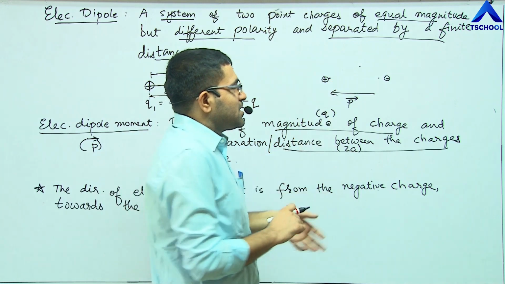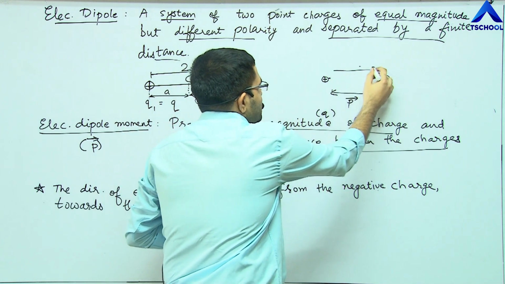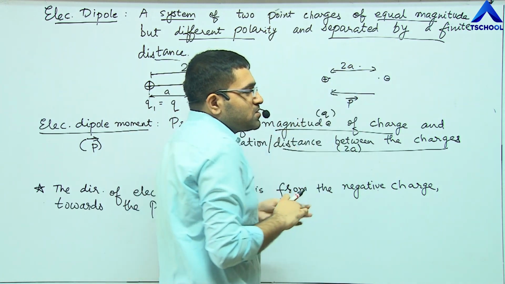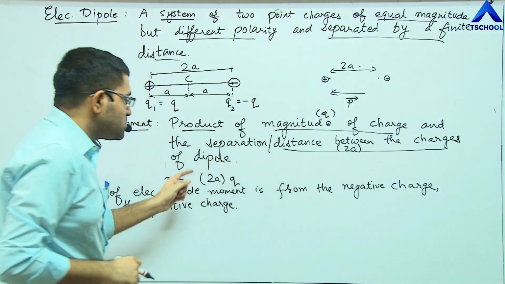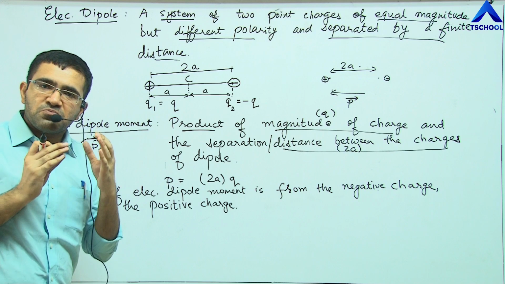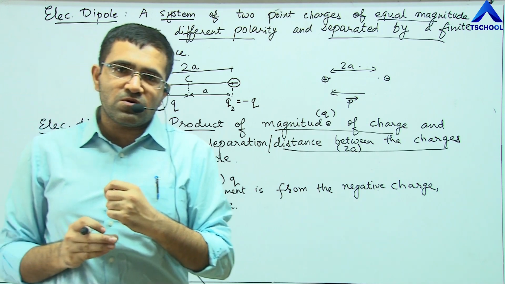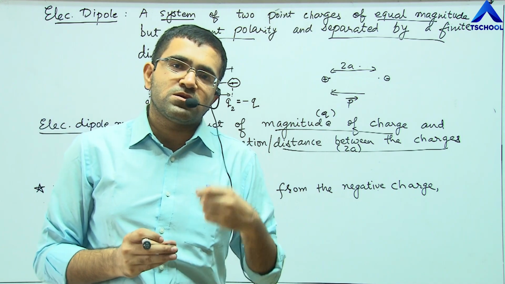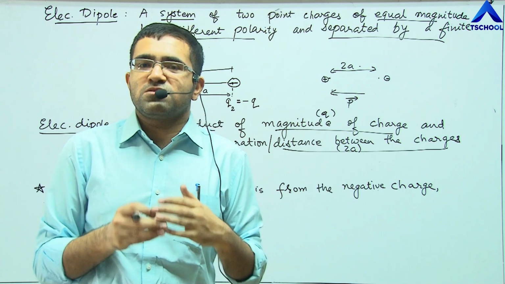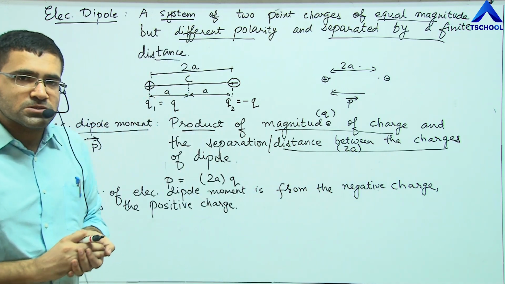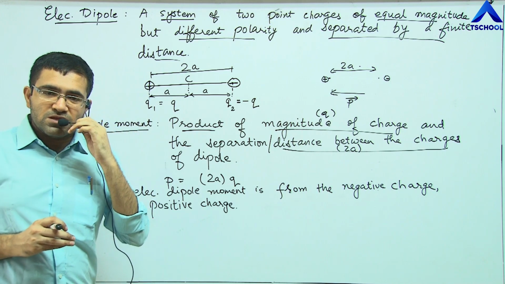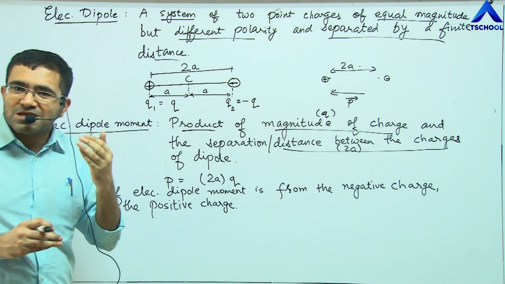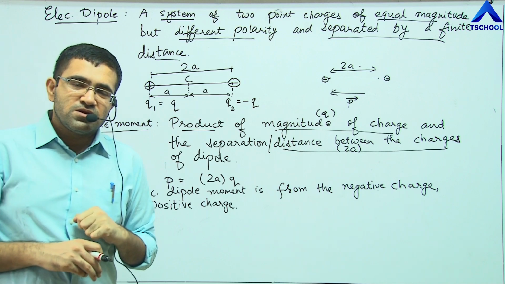But don't think that its magnitude is equal to 2a. No, the magnitude of this vector is equal to 2a into q. That is, it's the product of the charge of the dipole multiplied with the separation, the distance between the two charges. Okay, so that's what is an electric dipole and its electric dipole moment, right?